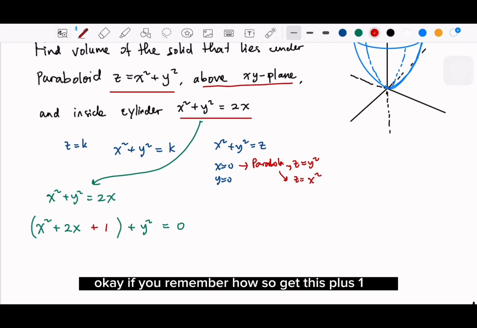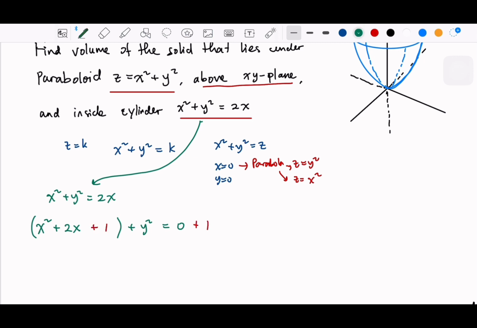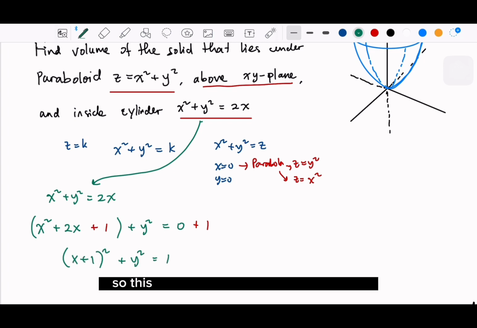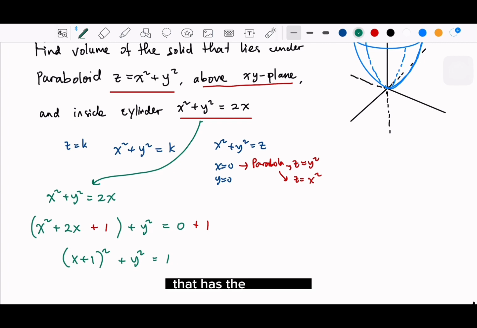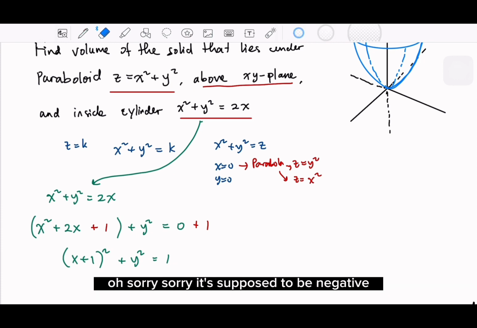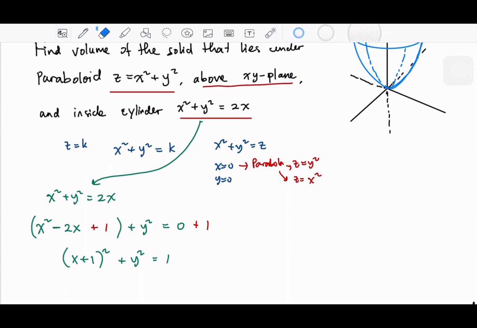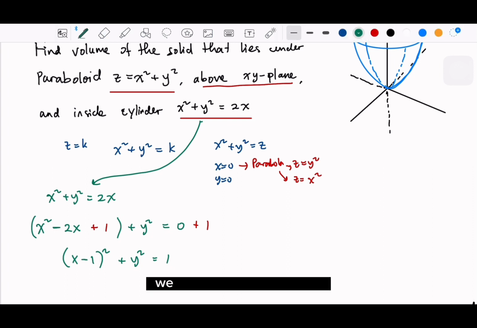So we get plus 1/4 on both sides. So this will be x minus 1/2 squared. So this is a circle that has the center at, sorry, this is supposed to be negative. So this will be negative. We have a center 1, 0, right? This is a circle with radius 1.